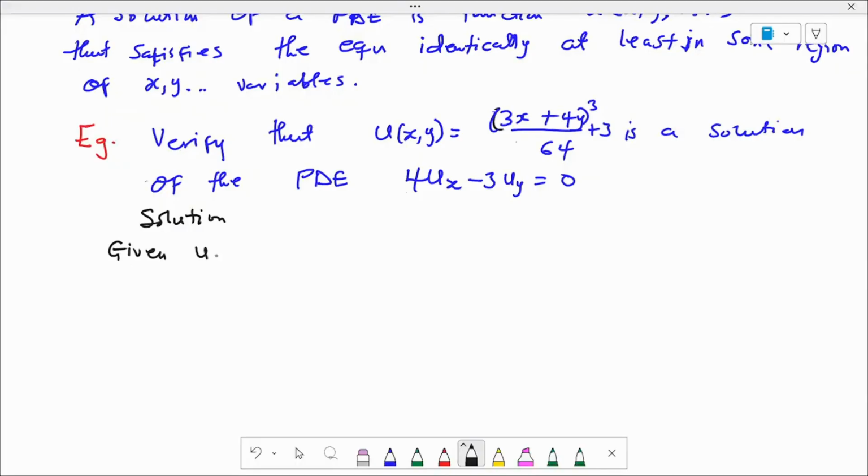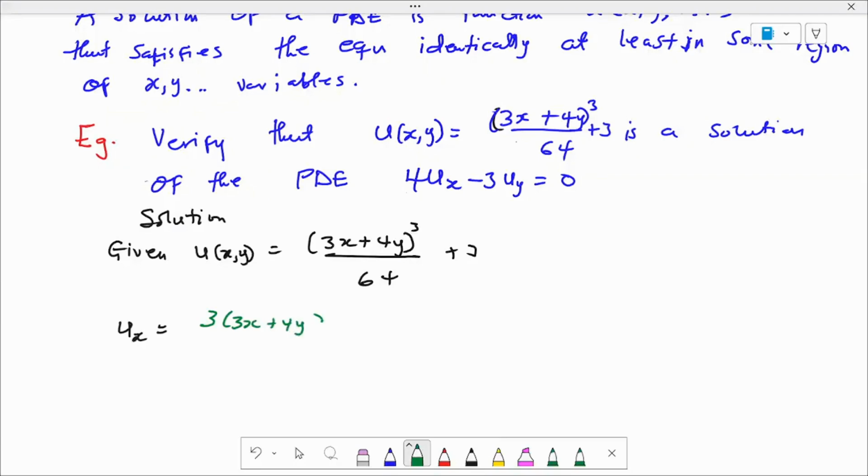Given u(x,y) equal to (3x plus 4y) cubed all over 64 plus 3. Now, what will be u_x? If I differentiate, the 3 drops, and I have (3x plus 4y) all squared over 64. Differentiating whatever is inside gives 3, and when I simplify, I have 9(3x plus 4y) squared all over 64.